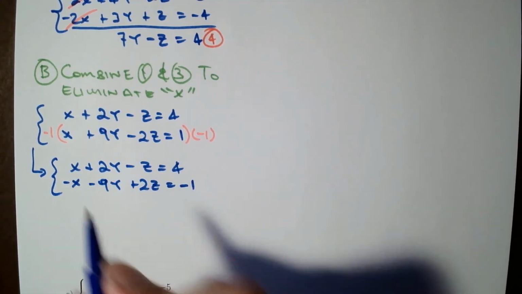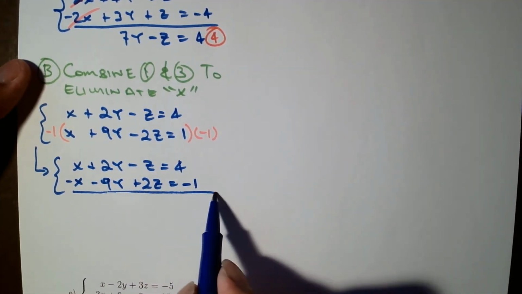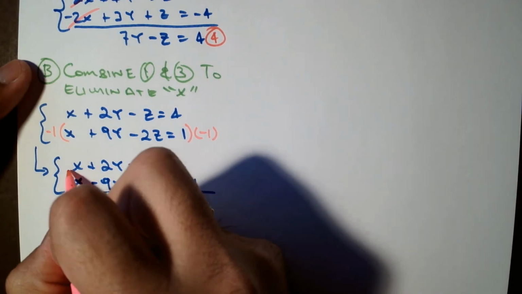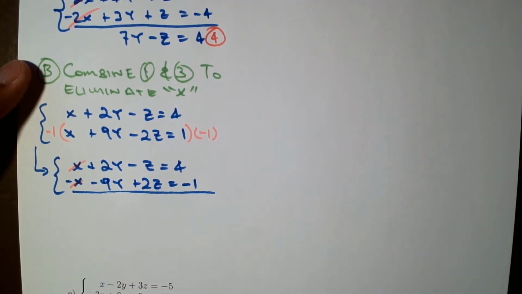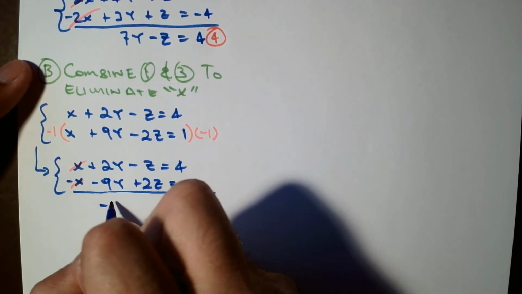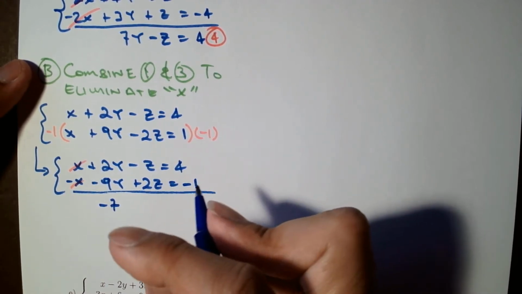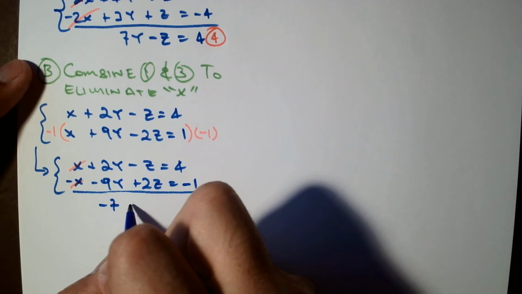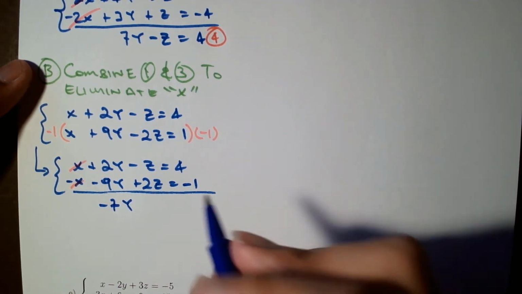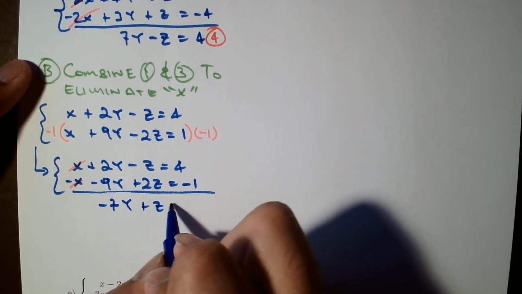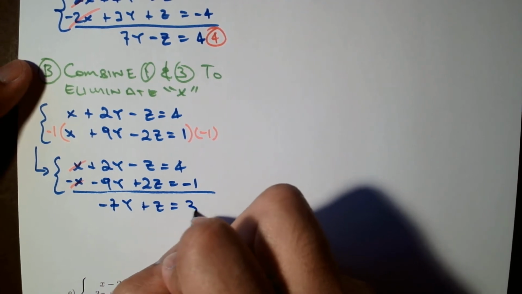And we are ready to combine these two equations, get rid of the x's, and combine the y's, finally combine the z's and then the constant terms, giving us negative 7y plus z equals 3.